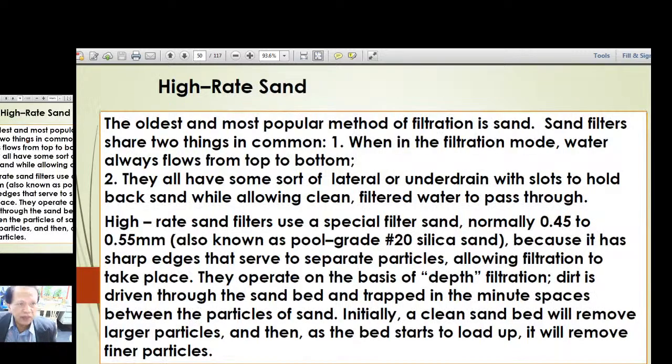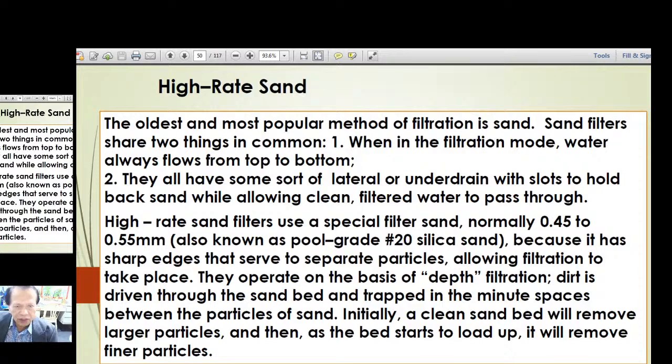Okay, high rate sand. When you say sand filter, it is the oldest and most popular method of filtration. Sand filters share 2 things in common. When in the filtration mode, water always flows from top to bottom. They all have some sort of lateral or under drain with slots to hold back sand while allowing clean, filtered water to pass through.